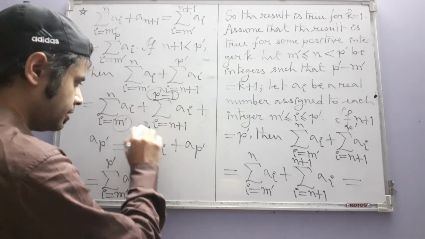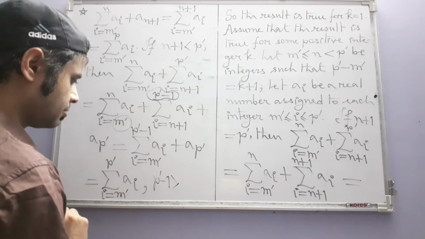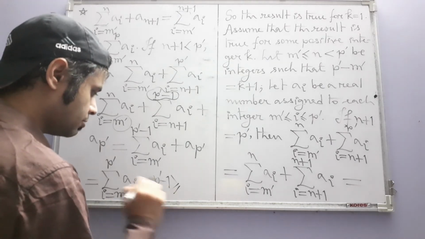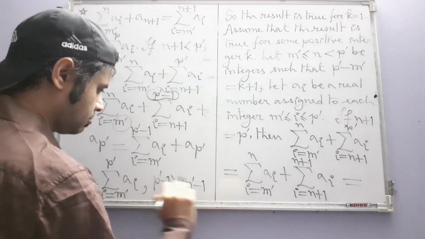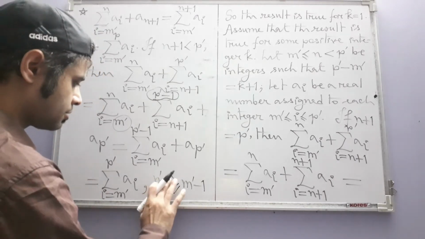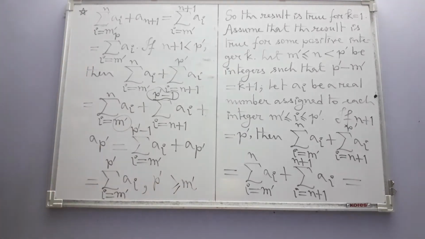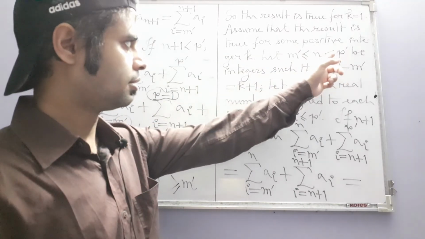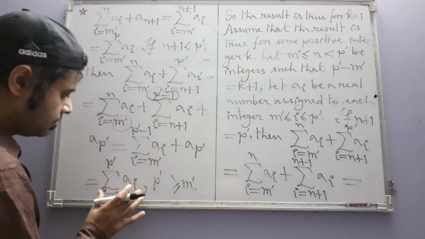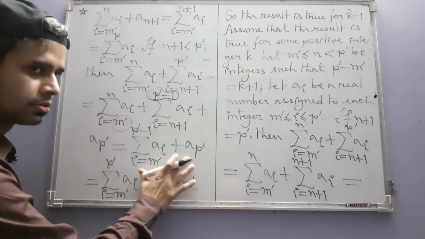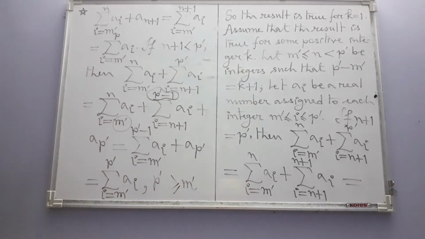What is our n here? p prime minus 1. Is that greater than or equal to this m prime minus 1? Yes, because p prime is greater than or equal to m prime. In fact, it is strictly greater than m prime. So we can write this thing in place of this using the original definition 711, that recursive part.